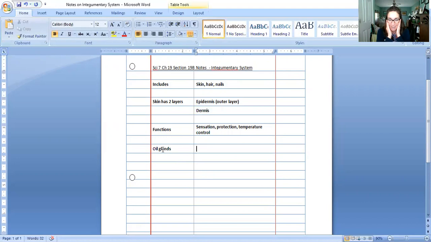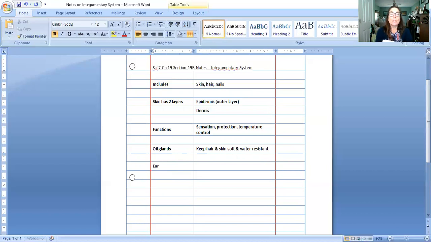I know my skin can be pretty oily, and it's shiny, and there's all kinds of products that are meant to keep that oil off, but the oil actually has the function of keeping our hair and skin soft and water resistant. So it's good. Too much oil can be bad, but just the right amount is actually good for us.